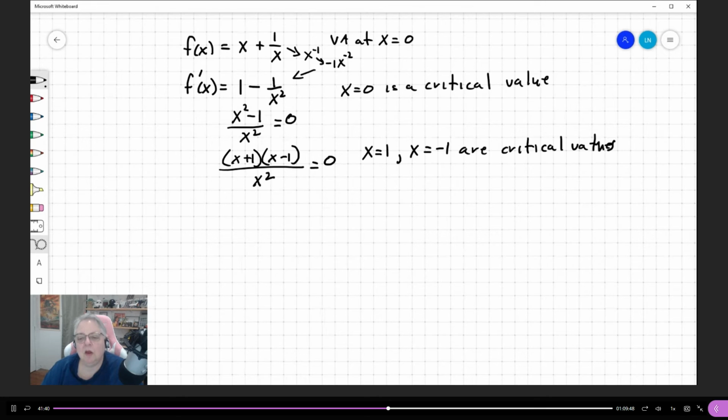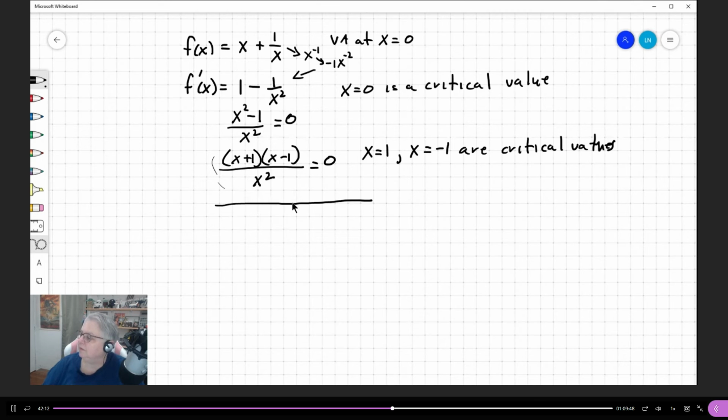All right, so I have a function that has 3 critical values. Let's look at the sign pattern and see if we can determine where this function is increasing and decreasing. One of the reasons I wanted to have this factored form for the derivative is that it's easier to get the sign pattern if you have the factored form.